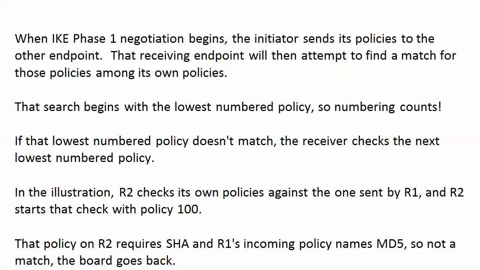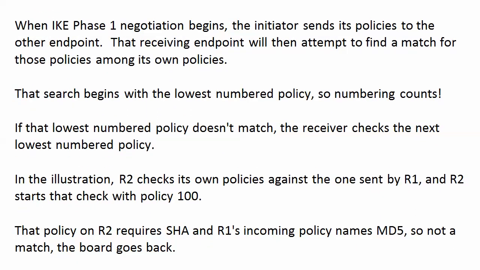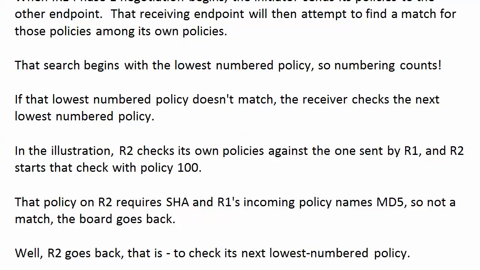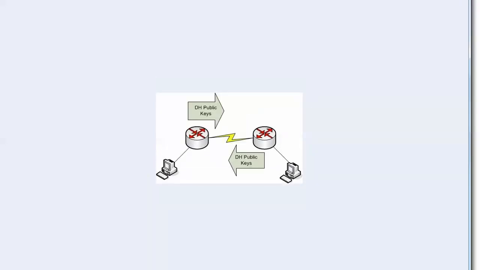Now, I'll bring up an illustration here in a moment, but let's talk about it first. And if router 2 is getting policies from router 1, router 2 will then start the check with policy 100. And actually, let me go ahead and filter through these real quick.